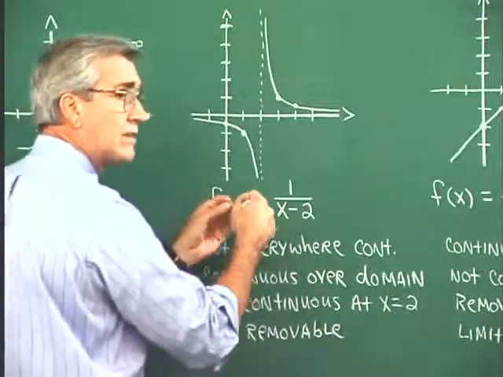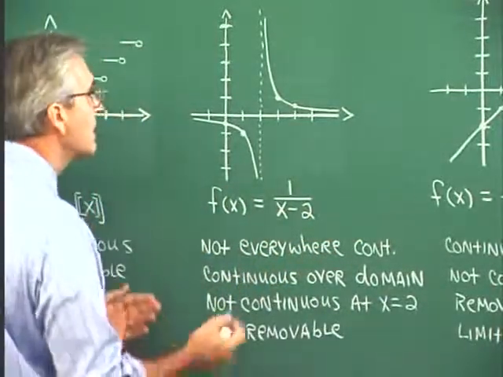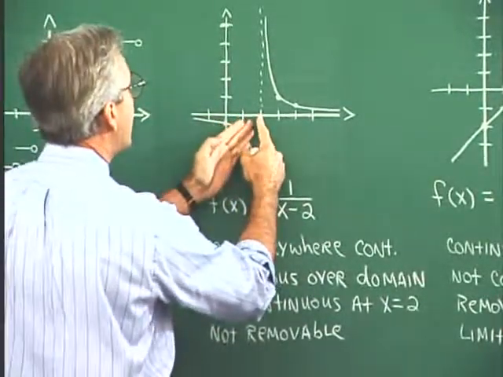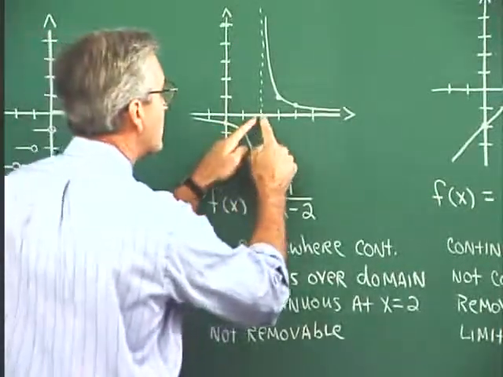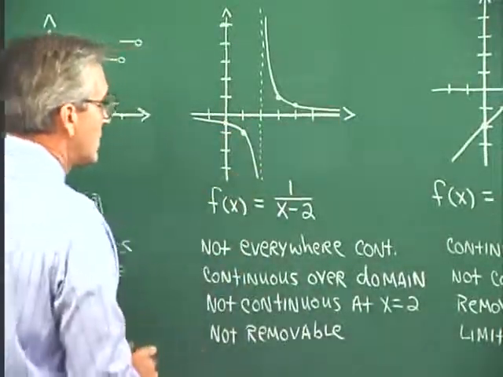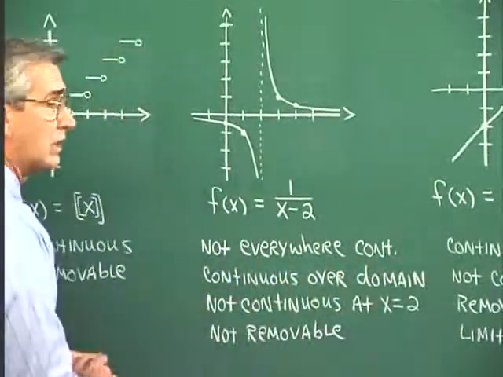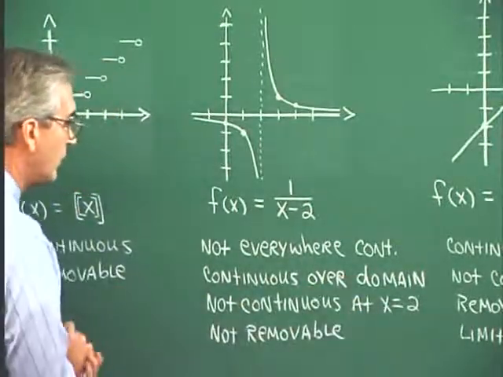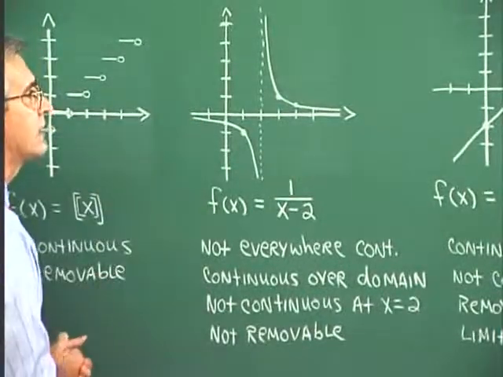And over that defined domain, we have a continuous situation because we have a continuous function from negative infinity right up to the point 2, and we have a continuous situation from 2 out to positive infinity. So it's continuous over its domain, but it is not everywhere continuous. And it's not continuous specifically at x equals 2, and it's not a removable discontinuity that we're looking at here.